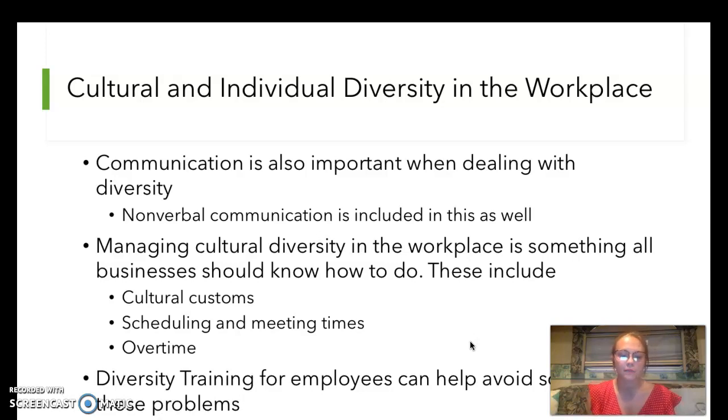Scheduling, meeting times, and the concept of overtime can also become greatly impacted by culture and religion in these international settings, such as certain religious events that can come in contact with meeting times or scheduling that could cause a disruption in the business environment. Diversity training for employees can also help avoid these problems.